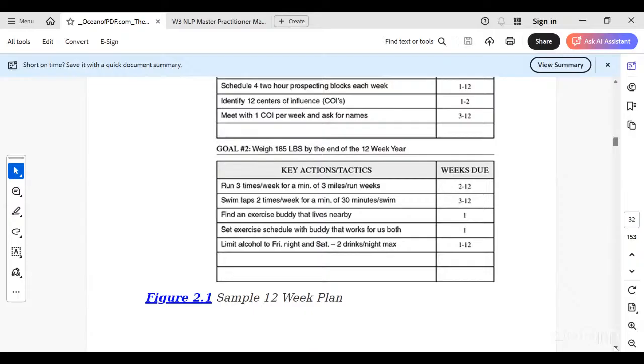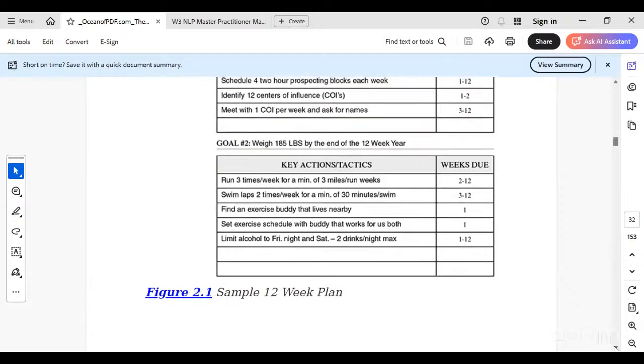Find an exercise buddy that lives nearby, week 1. Set exercise schedule with buddy that works for us both, week 1. Limit alcohol to Friday night and Saturday, 2 drinks per night maximum, all over the 12-week period, that is from the first week to the 12th week.